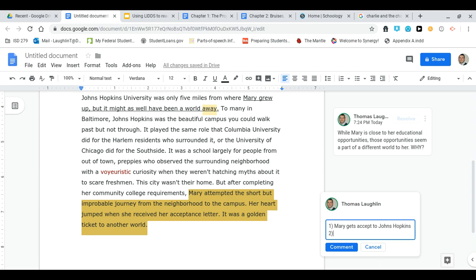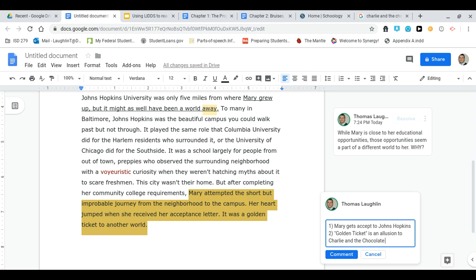Okay, the second part of this is an allusion to another story. Golden ticket is an allusion to Charlie and the Chocolate Factory by Roald Dahl.